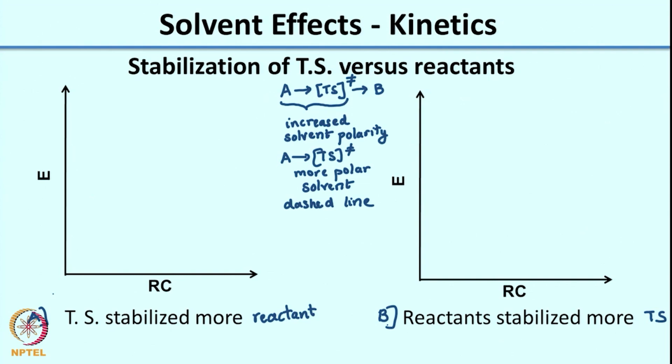So, first case is where you have just A going to B. So, you have A. Let us say this is the transition state. As I said, I am not going to bother about B. So, this is simple. Same thing here, it is the same reaction, let us say.